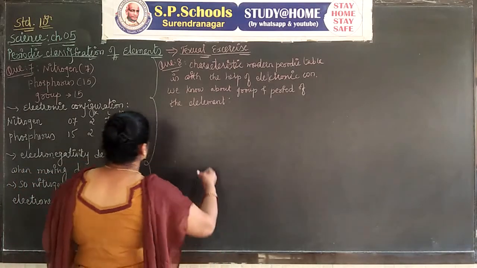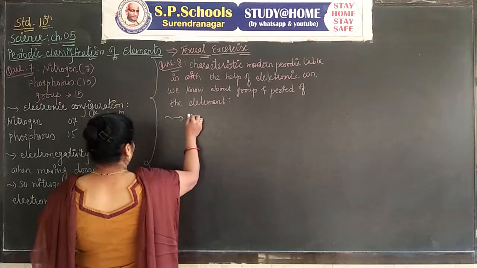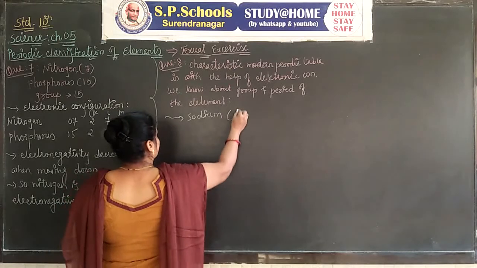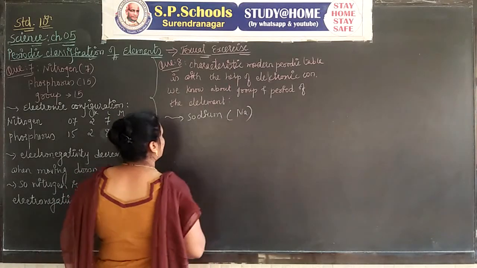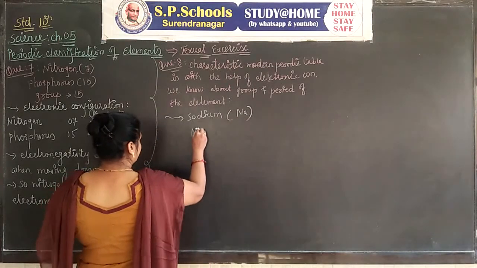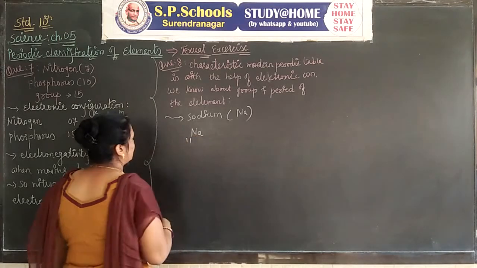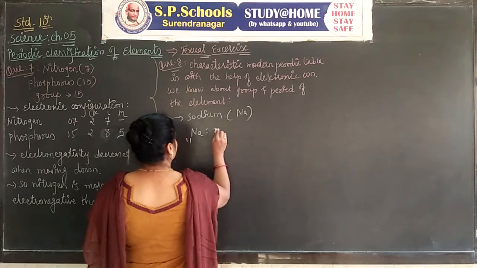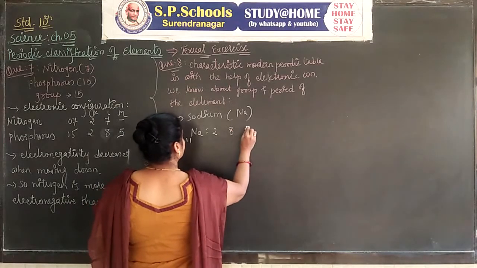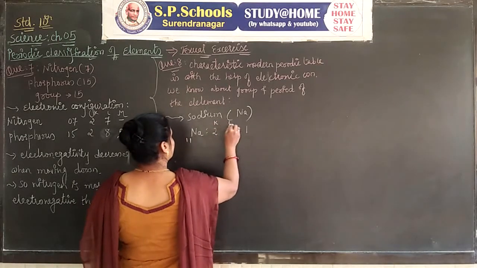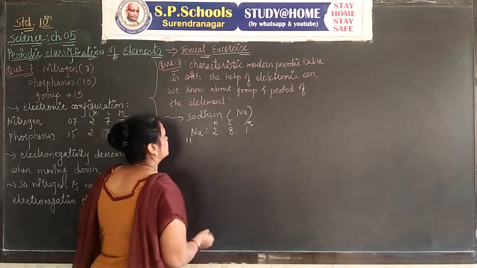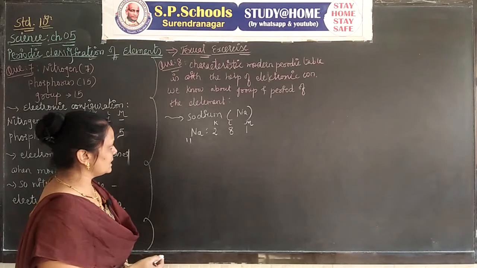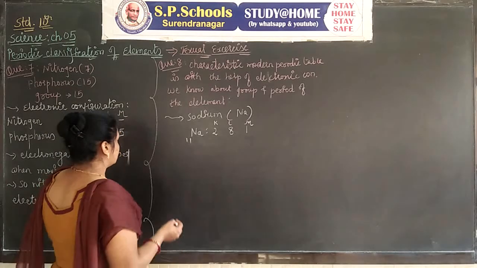Let's give one example of sodium. Symbol Na, atomic number 11, electronic configuration. In K cell 2 electrons, in L cell 8 electrons, in M cell 1 electron.